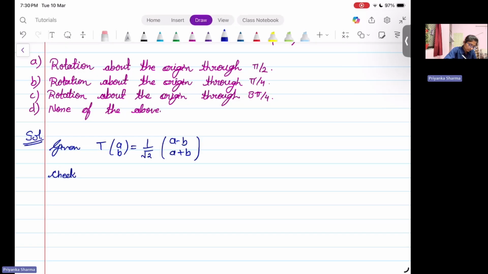First, we will check whether T is an isometry.